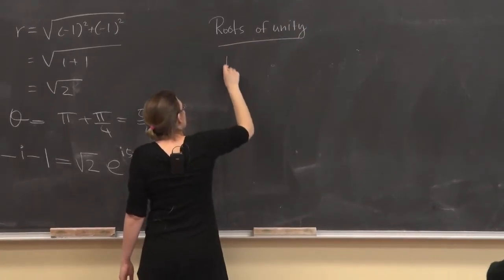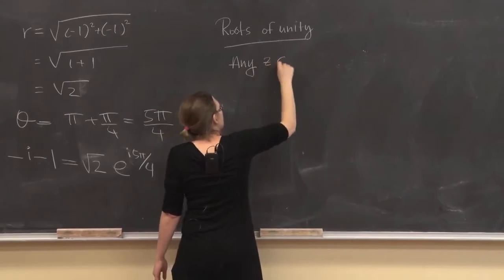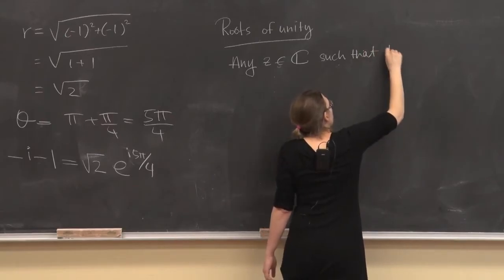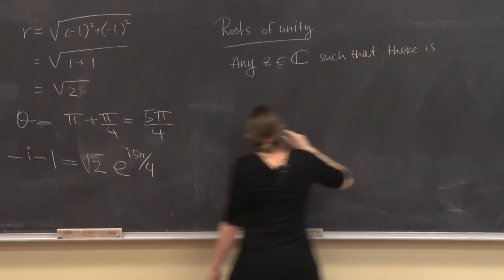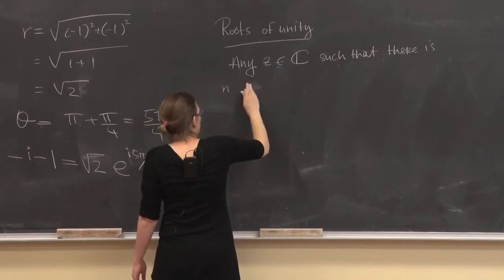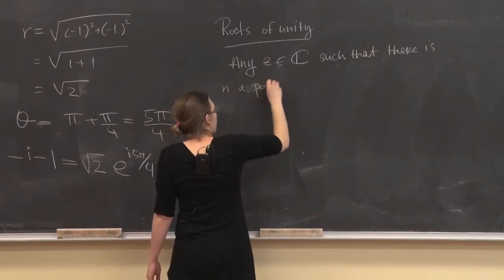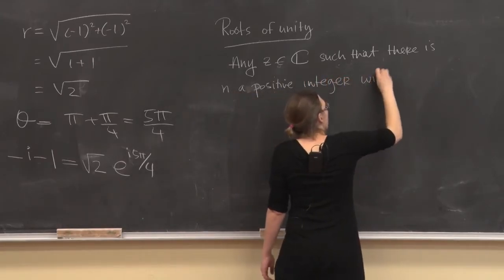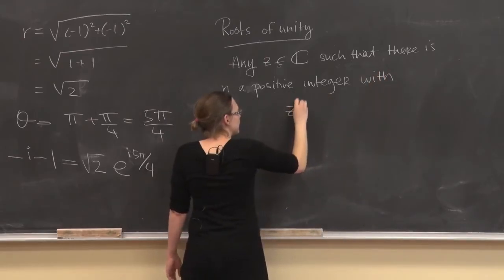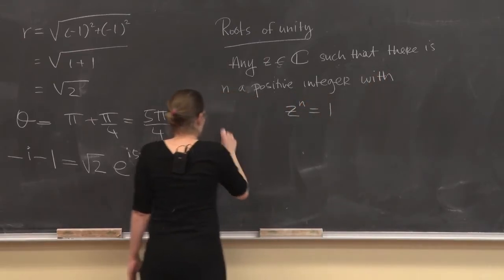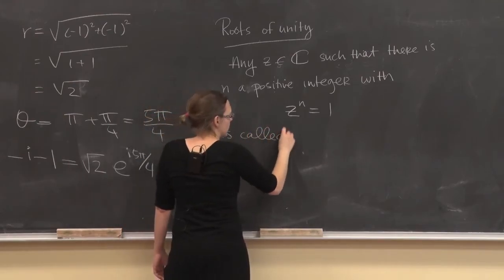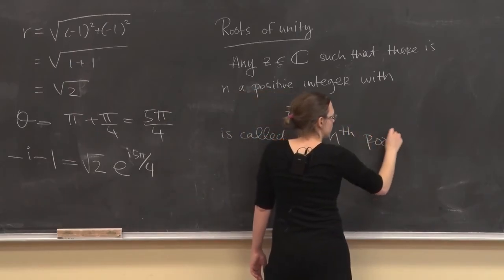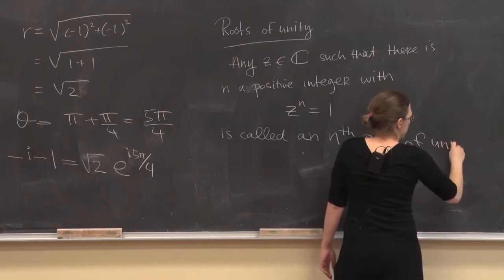Okay, so any z, a complex number, such that there is an integer, a positive integer even, with z to the n is equal to 1 is called an nth root of unity.